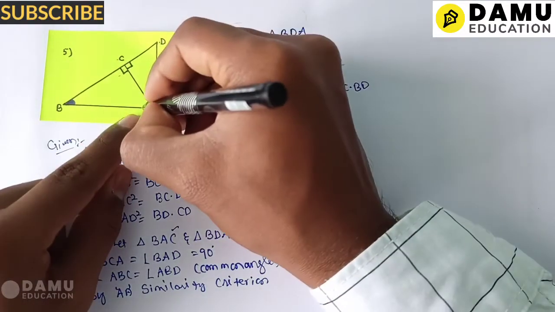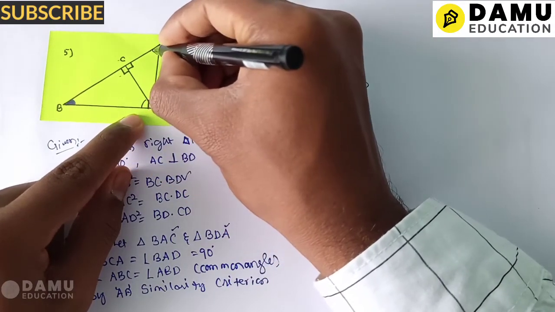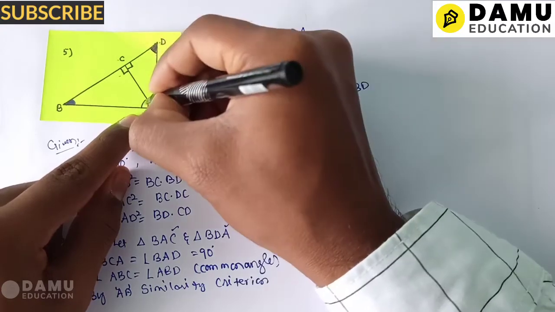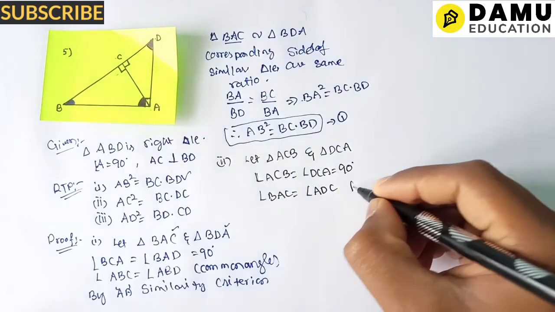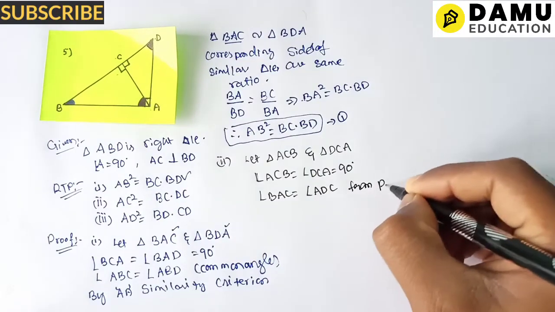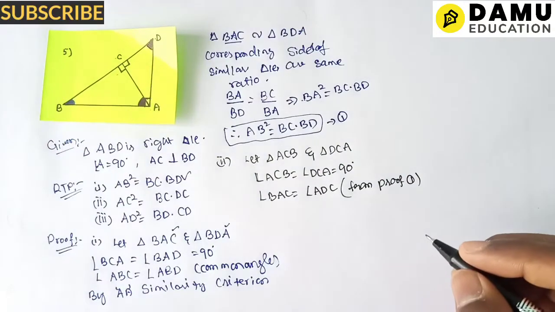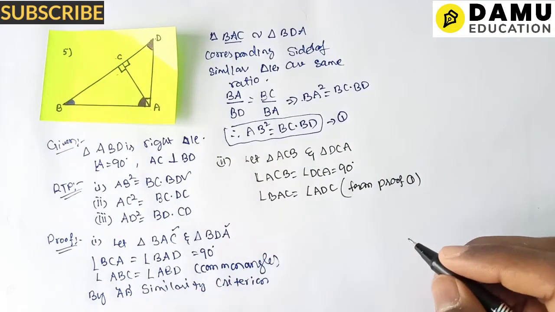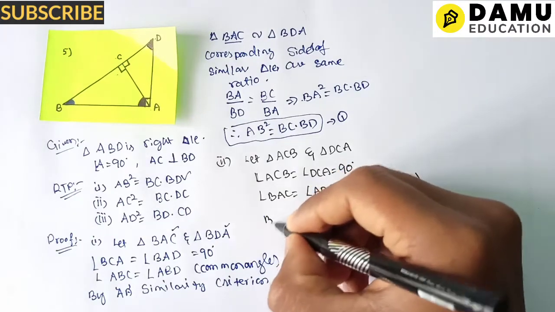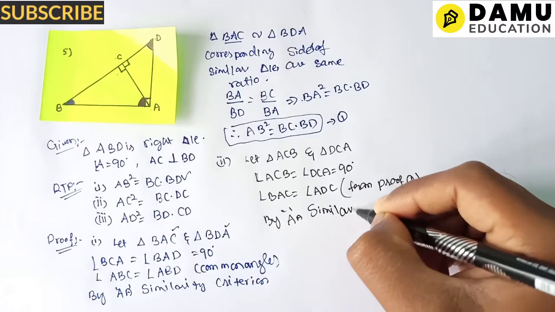So this angle and this angle will be equal. Why? Because, as proved in the first one, from proof 1 both triangles are similar to each other, so the angles are also equal to each other by AA similarity criterion.